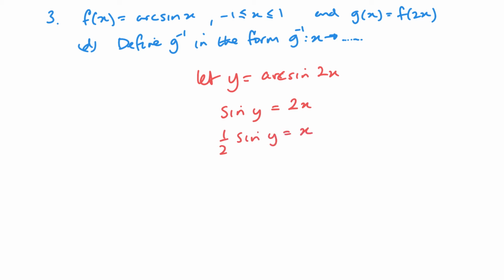So remember, when we find these inverse functions, we rearrange to make x equals, and then when we put it in, the y will become the x. So g to the minus 1 of x is a half sine x. And then x will be between pi by 2 and minus pi by 2. Remember that the domain and the range switch places.